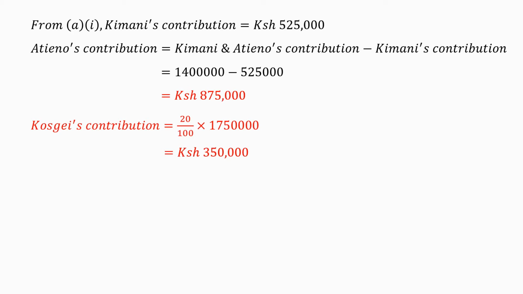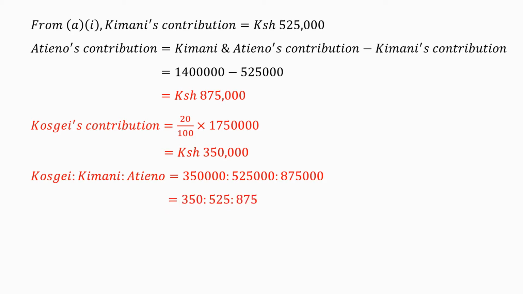So the ratio of contribution for Kosgei to Kimani to Atieno is 350,000 to 525,000 to 875,000. Then we simplify this. We can start by dividing by 1,000. We have 350 to 525 to 875.